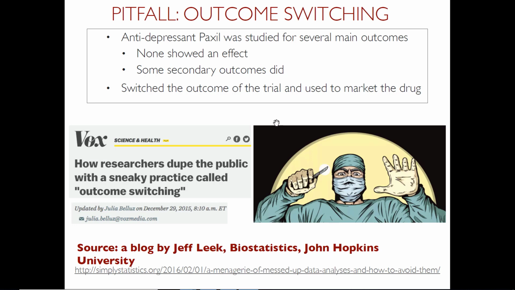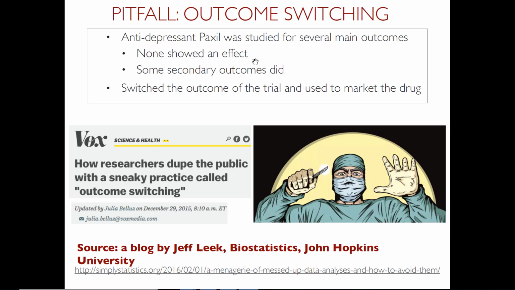So this is one example here. This was an antidepressant, Paxil. It was studied for several main outcomes. It had a clinical trial. It didn't have any effect. But as part of the study, the people who designed the trial collected some additional readouts from each subject, and they said, look, we found an association between this antidepressant and some other secondary outcome for which the experiment wasn't even designed.